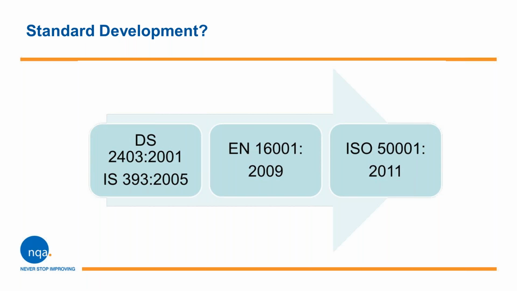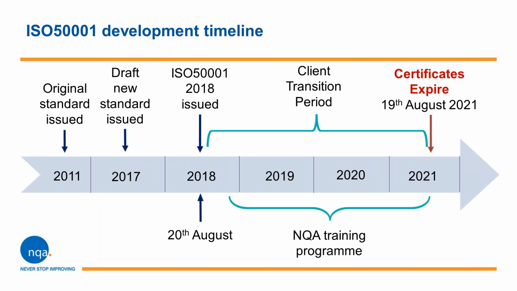The first major standard that we within NQA and I as an assessor worked on was BSEN 16001, 2009, and that was really the first formal management system and energy management system in the format that we see now. That was pretty quickly superseded in 2011 by ISO 50001, and because standards tend to be revised every 5 or 6 years, sometimes a bit longer than that, but usually every 5 or 6 years, we're now at the first revision of ISO 50001.